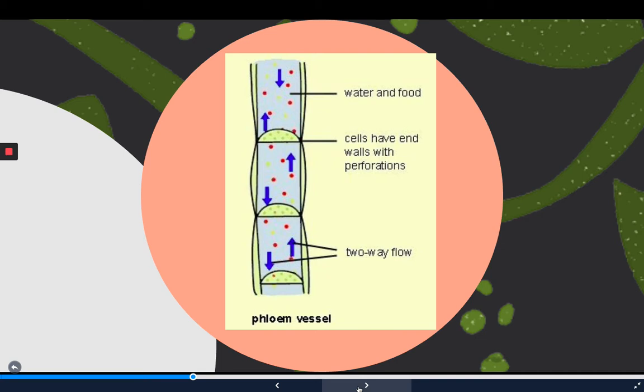Those perforations are actually sieves with little holes, through which water and food are diffusing from one place to another, and they have two-way flow. So the phloem can go up and go down at the same time.